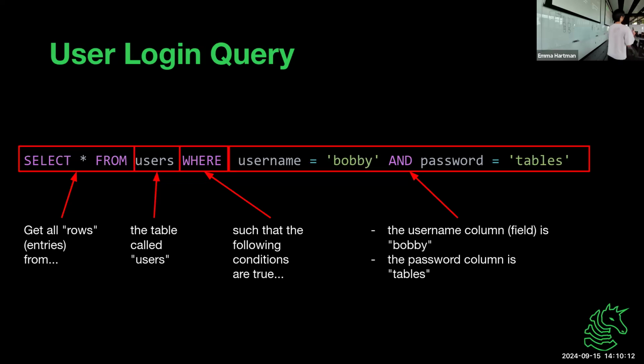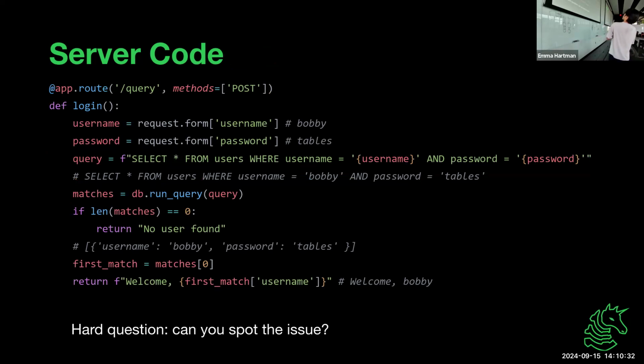Where is going to give you a filtering, right? So if you want to filter by the username, we can say username equals Bobby, so we only want Bobby. And then we filter a password, which in this case is tables. These are multiple column queries, but you can also have an or, right? And it'll find all the columns where the username is Bobby or the password is tables.